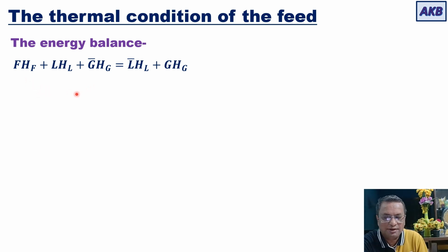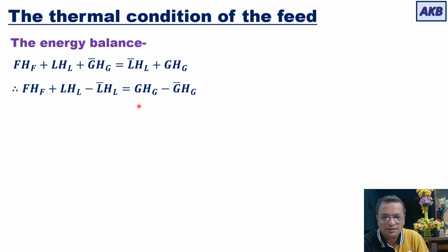Now we will rearrange this equation. I'll bring this term L bar HL on this side and take this term G bar Hg on the other side. So if I do that, I will have F HF plus L HL minus L bar HL equal to G Hg minus G bar Hg.